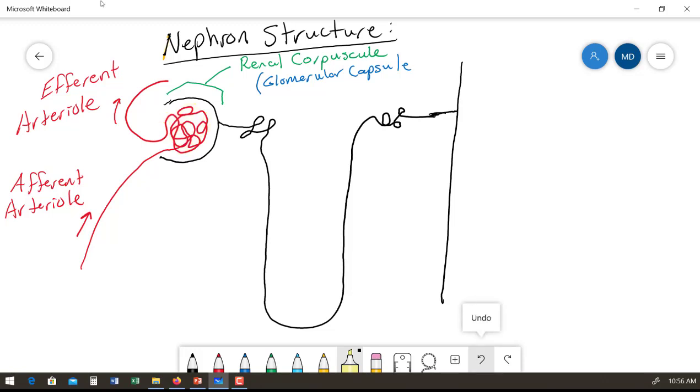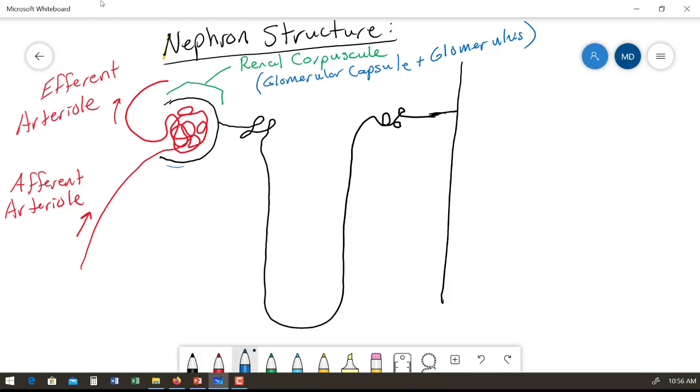So it's basically that capillary bed. So the renal corpuscle is the glomerular capsule plus the glomerulus. And the glomerulus is the capillary bed. The glomerular capsule is that capsule in black on the outside.